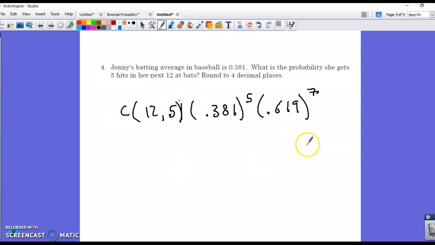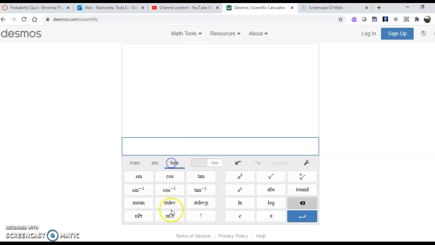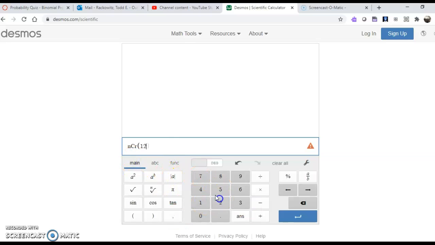And then over to Desmos, clear that. Start with your combination, 12 choose 5. The probability she gets a hit, 0.381 to the 5th power.